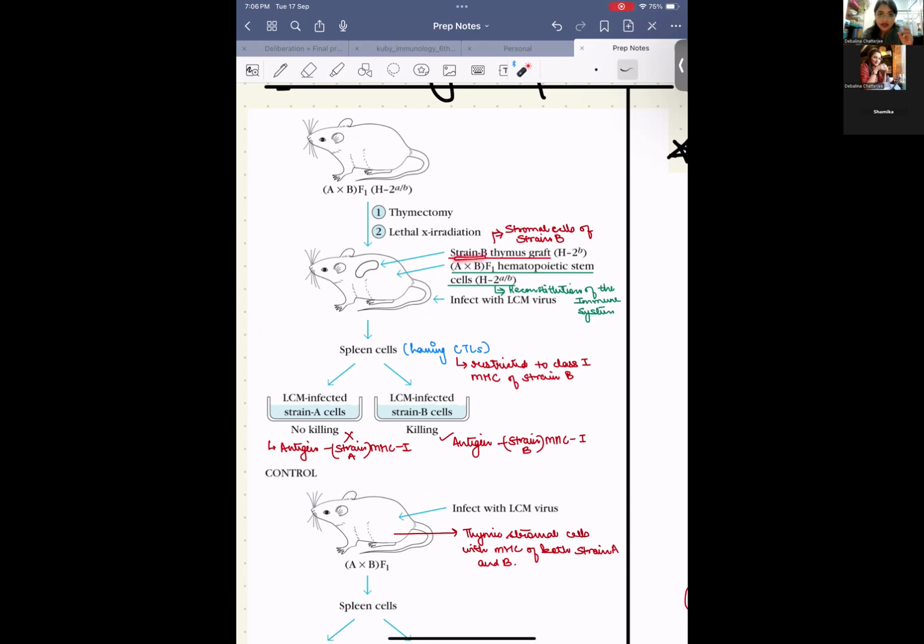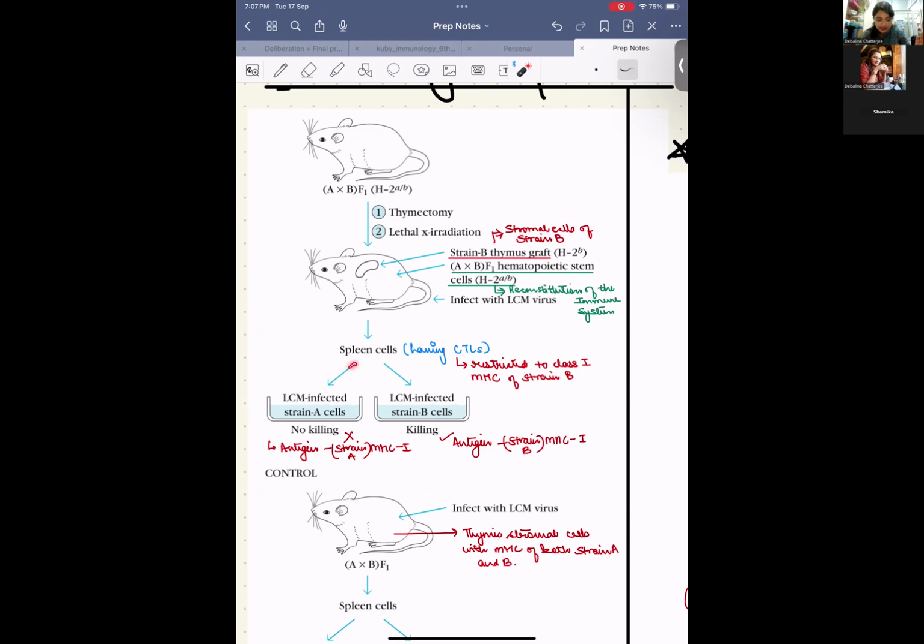Now, if the thymus is coming from strain B, whatever is the MHC type of the stromal cells of this thymus is of the B type, so MHC of strain B. Whenever any antigen recognition happens, this mouse only considers, because the selection has only occurred for T cells that can recognize peptides conjugated with MHCs of strain B.